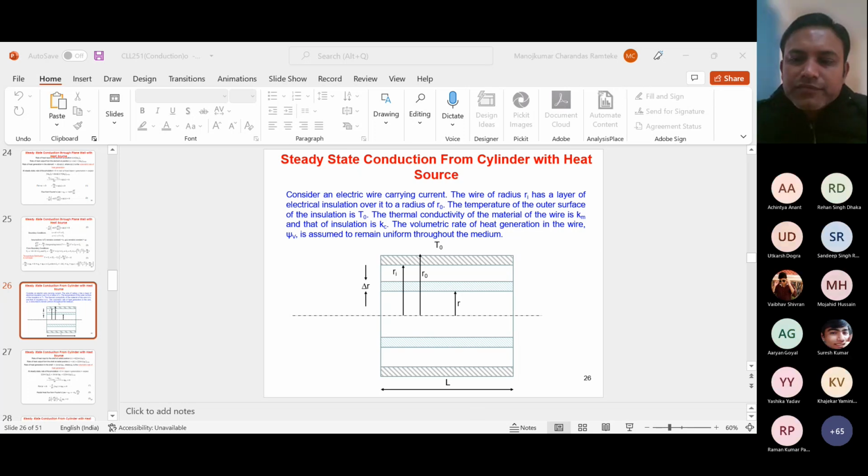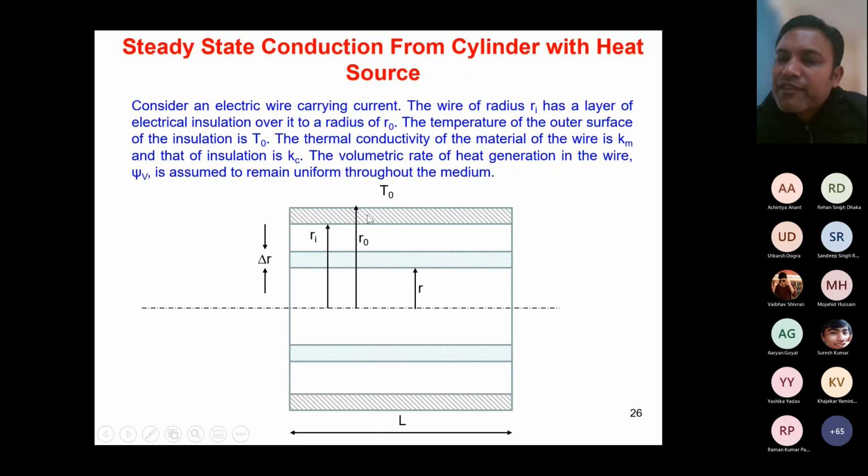Okay, sorry. So in this case, this temperature T0 is the surface temperature outside. It's not the temperature of the ambient; even that case we will look at when we look at convection. But right now, let's assume that T0 is the outer surface temperature. The thermal conductivity of the metal wire is Km, whereas the thermal conductivity of the insulation layer is Kc.